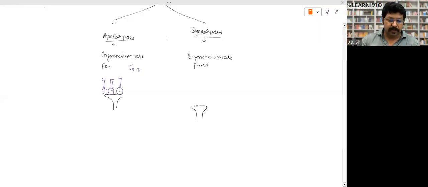The lower part will be fused and maybe the upper part free, right? Pineapple is just a fused gynoecium. Pineapple is made up of a number of gynoecia. Every triangular part you see is one gynoecium. So we will write it as gynoecium free, and they are syncarpous.